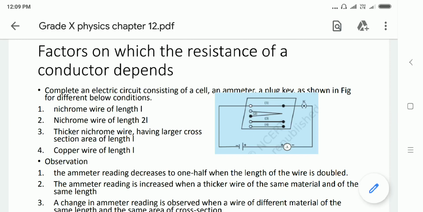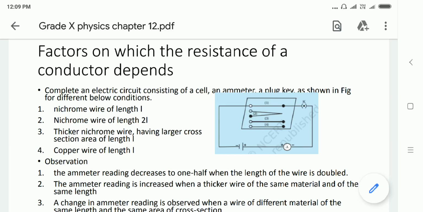Now, in the second case, replace this wire with twice the length. So, the length of this wire is 2L, and we use the same nichrome material. The third case is the same length L but increase its diameter, so its cross-section area increases.